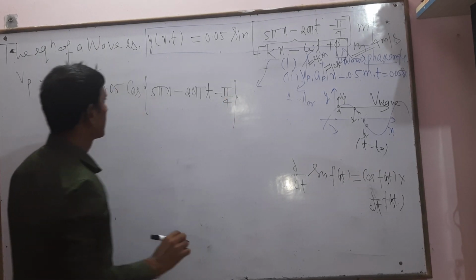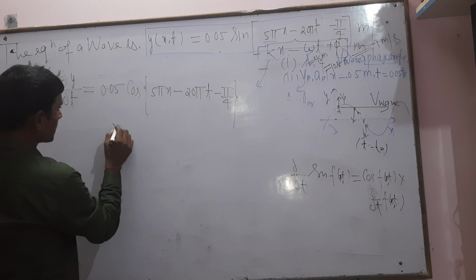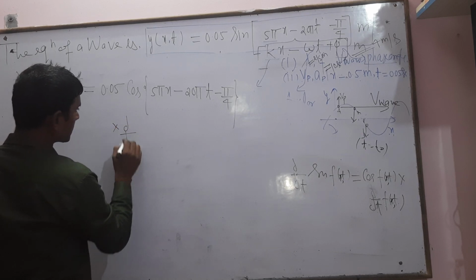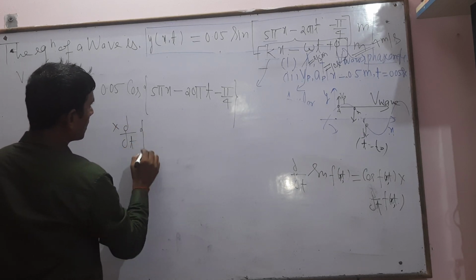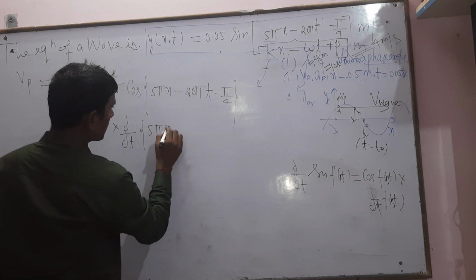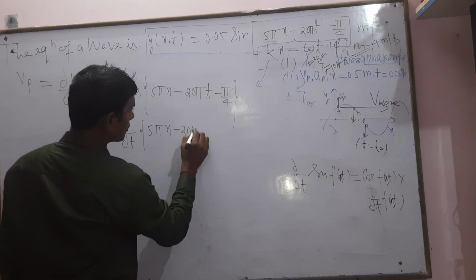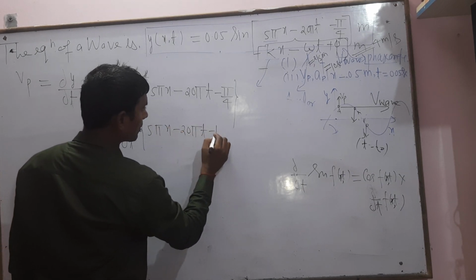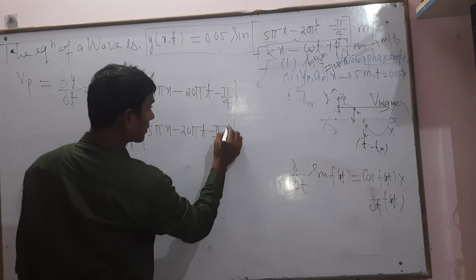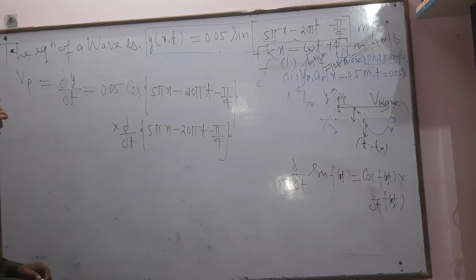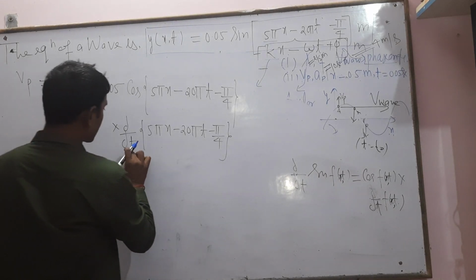Now we take the partial differentiation with respect to time t of 5 pi x minus 20 pi t minus pi by 4.